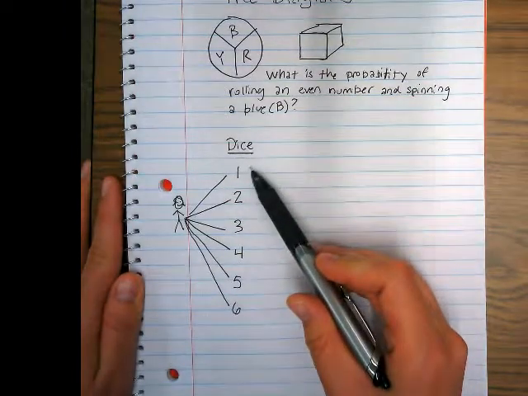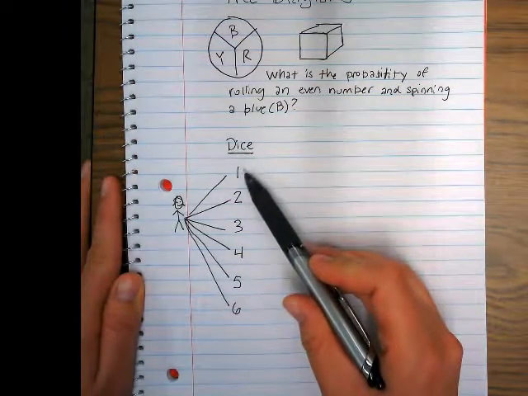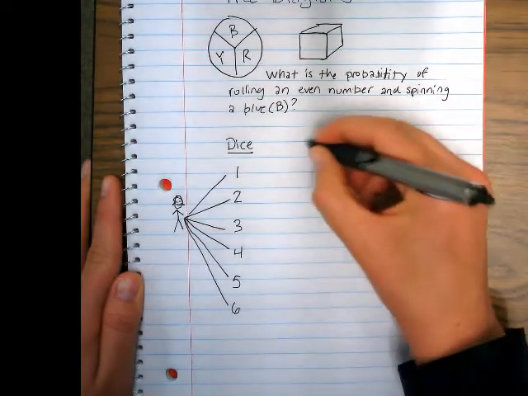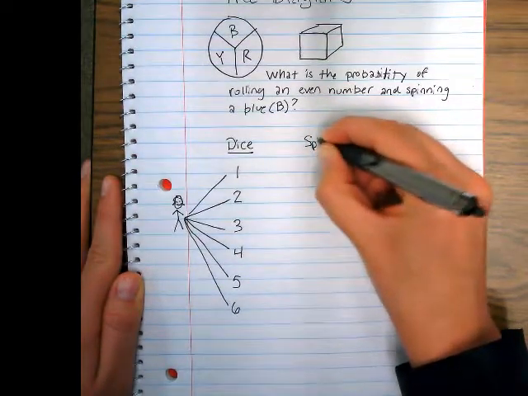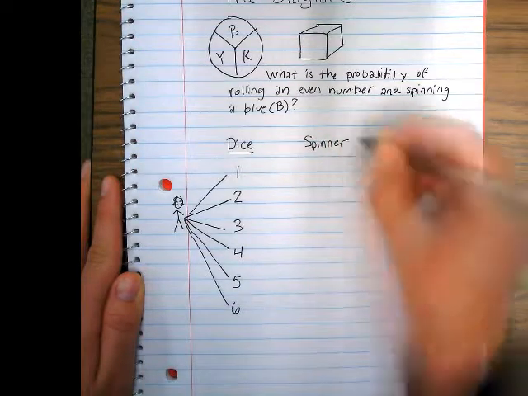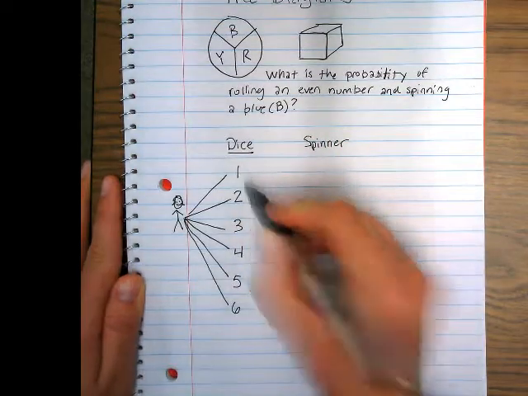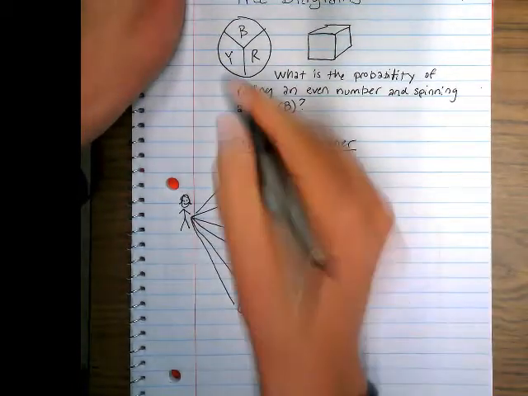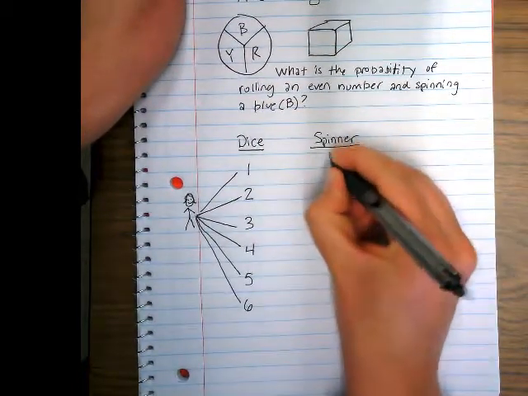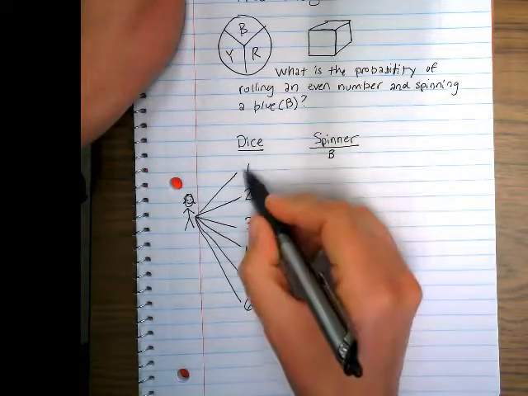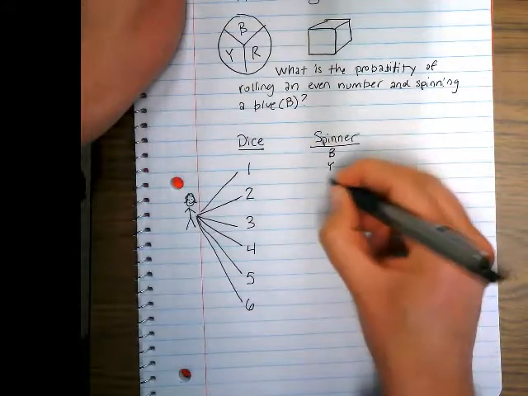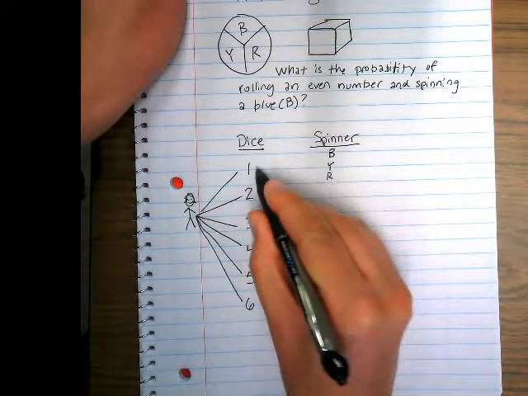Now let's pretend I'd rolled a 1 on my first try. The second thing I'm going to do is use the spinner. If I rolled a 1 on my first try, on the spinner I could have gotten 1 and then a blue, 1 and then a yellow, or 1 and then a red.